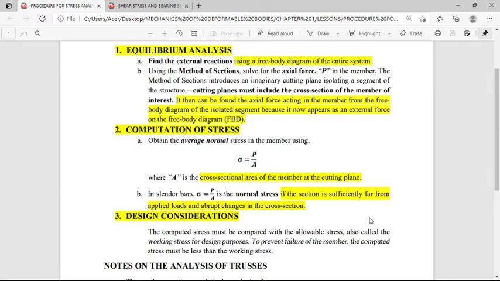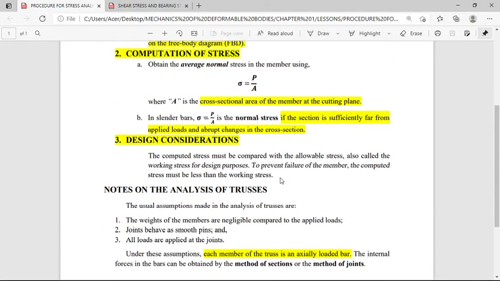Actually, lahat naman ng formula na in solving for stresses is derived from P over A. So, nababago lang sila kapag iba yung load o kaya naman iba yung cross-sectional area. And finally, design considerations. So, you'll compare computed stress and the allowable stress, also known as the working stress, to select the strength capacity of that material you are designing or considering.